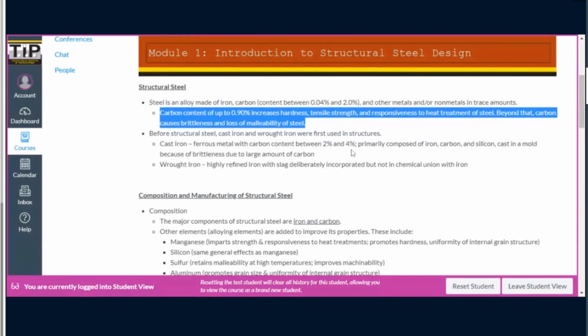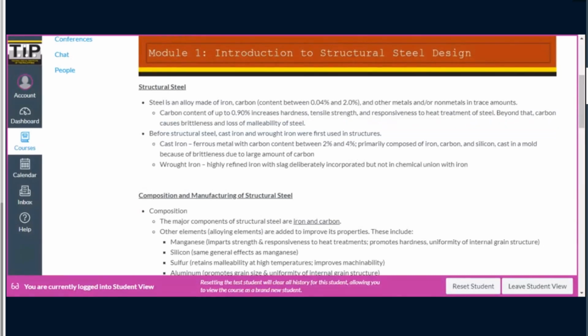So that's why we maintain the amount of carbon that we should add in steel. Actually in steel mills, before they stack up their structural steel products, they test every manufactured batch.